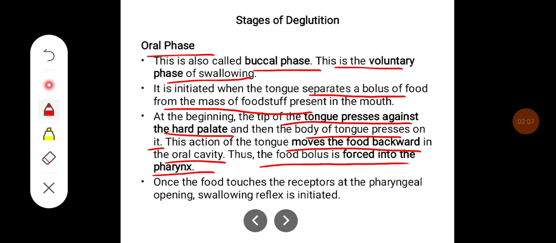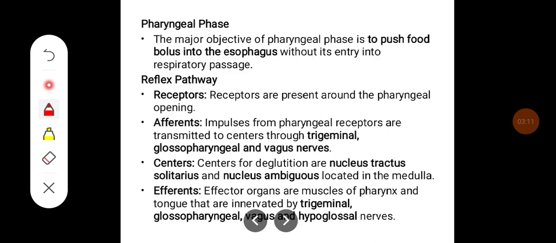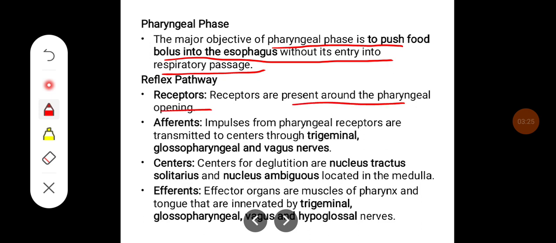Once the food touches the receptors of the pharyngeal opening, the swallowing reflex gets initiated. The pharyngeal phase. The major objective of the pharyngeal phase is to push the food bolus into the esophagus without entry into the respiratory passage. The reflex pathway receptors are present around the pharyngeal opening. Afferents carried by the pharyngeal receptors are transmitted through the trigeminal, glossopharyngeal, and vagus nerves.